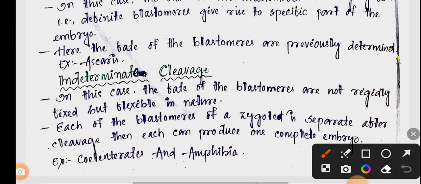If the blastomeres of a zygote separate after cleavage, then each can produce a complete embryo. Examples: Coelenterata and Amphibia.